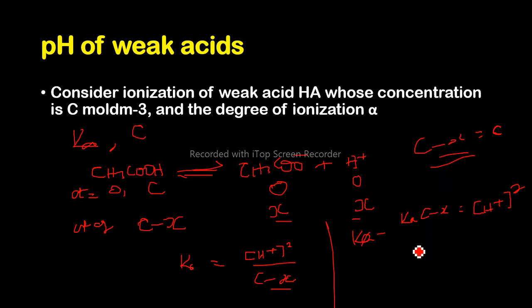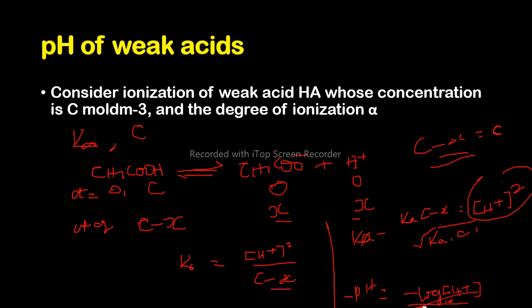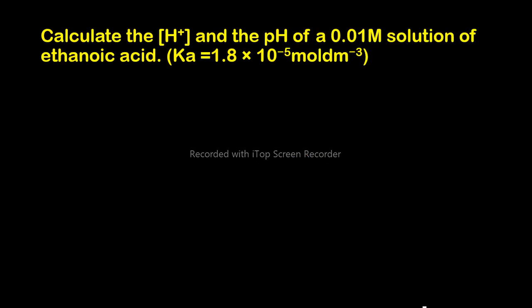So that we can get our concentration of hydrogen ions from simply the square root of Ka times C. And after getting the concentration of hydrogen ions, we can substitute in our formula for pH, which is simply negative log to base 10 of the concentration of hydrogen ions. And we have our answer. So you can do that.